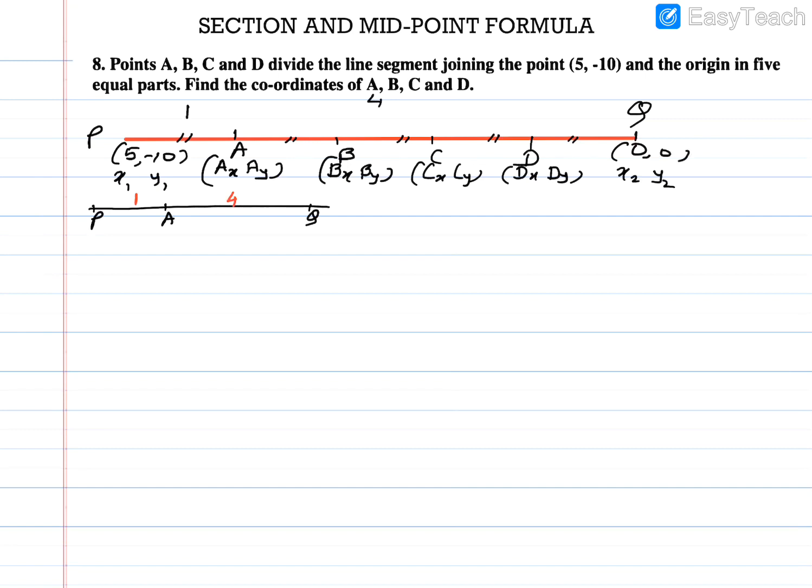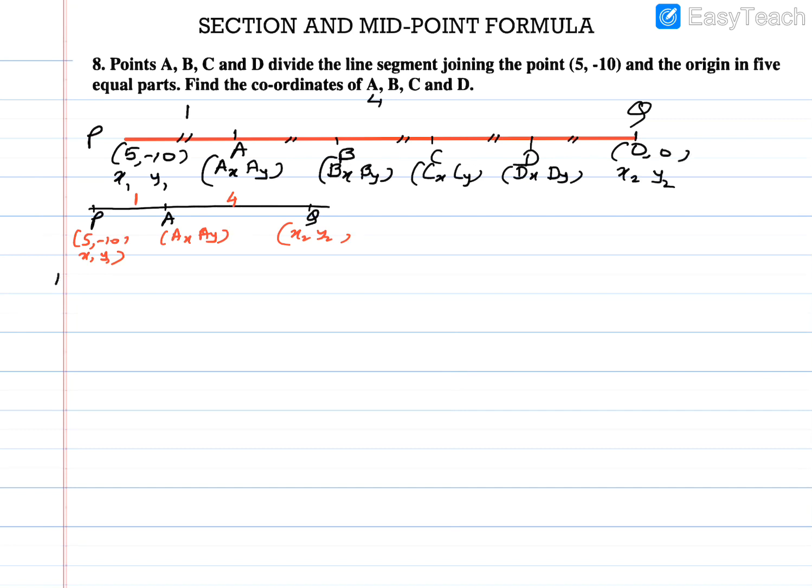We know this point is (5, -10), write this as x1, y1, and Q write this as x2, y2. And we know that this is AX and AY. Now find the value of AX and AY.